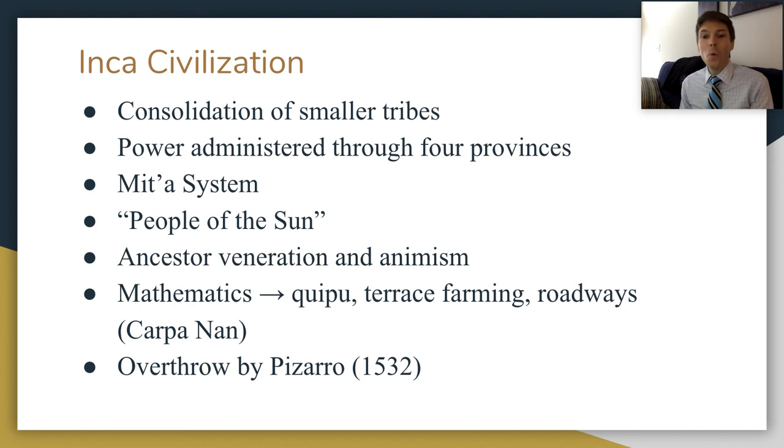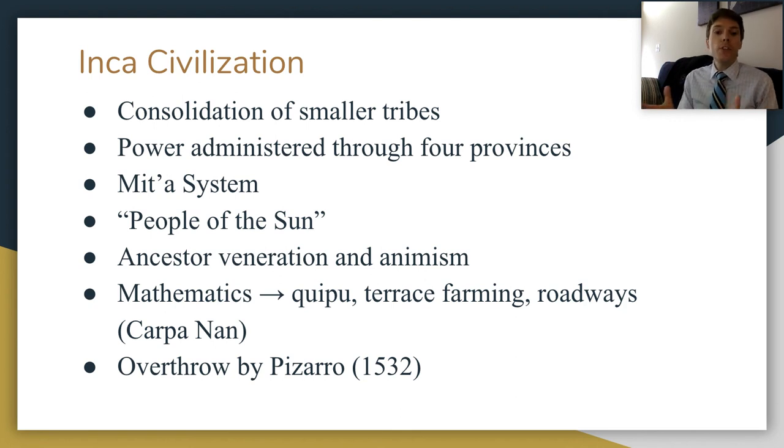plagues, defeat in war, oftentimes would result in human sacrifice, but certainly not to the same frequency as we saw with the Aztecs. And we also know that Inca religion involved some animism, which is, if you remember, again, this is review. Animism is the belief that elements of the physical world could have supernatural powers.